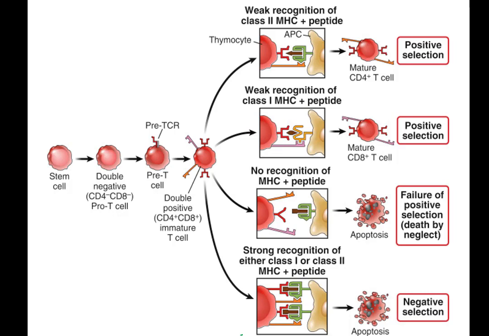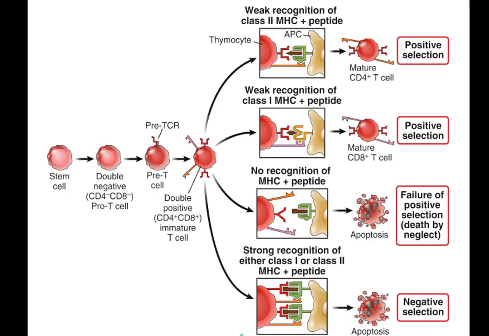And so do CD3 and the zeta chain have to be there? They do, because we're sending a signal into the nucleus that says we have functionally rearranged a beta chain successfully. Then we're going to upregulate. Along with the alpha chain rearrangement is the co-expression of both CD4 and CD8. That is the double positive.